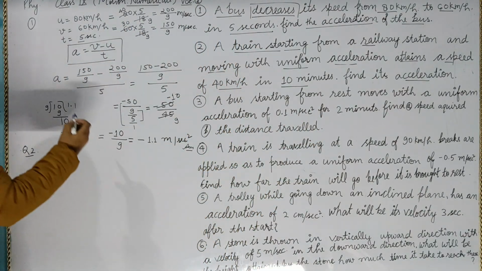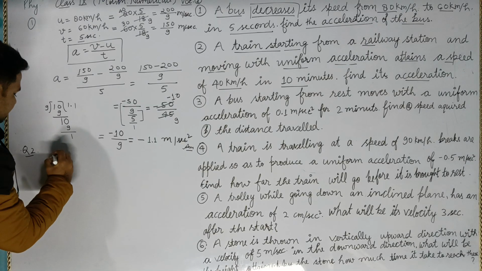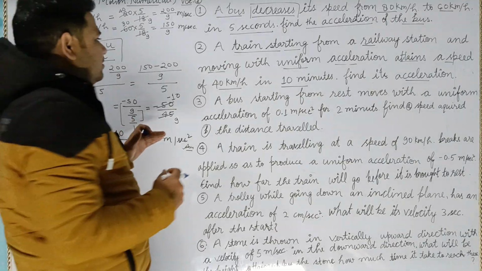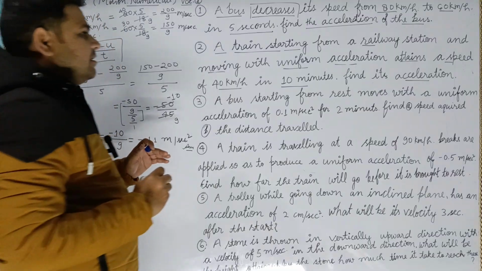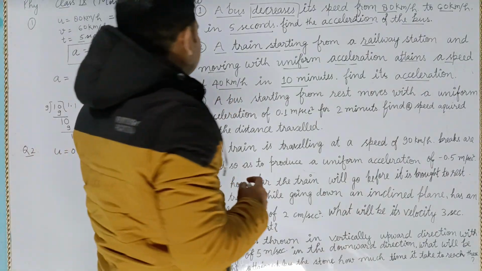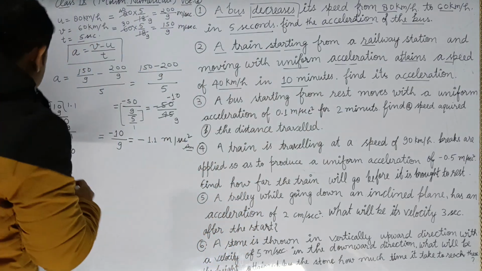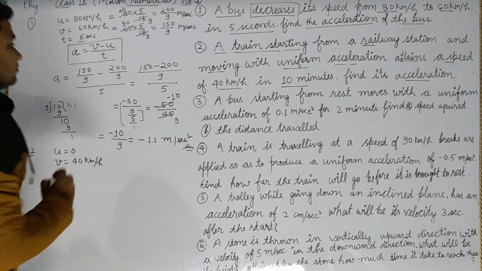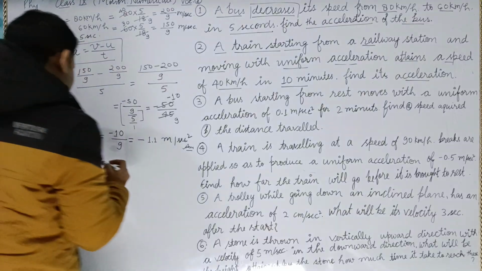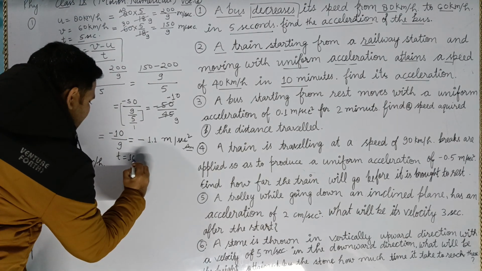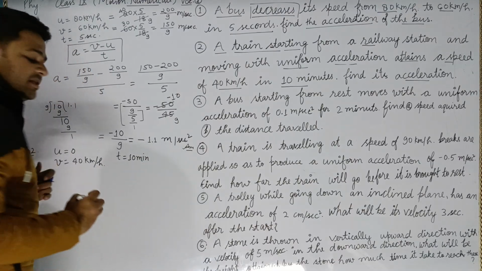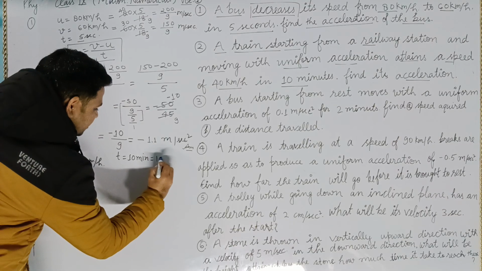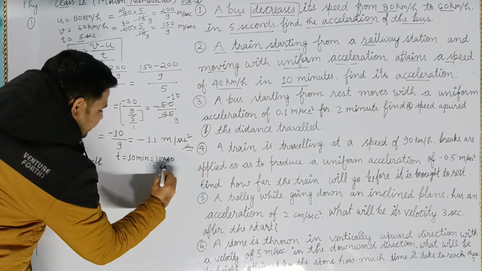Firstly it is in its rest position, so we take u equal to 0, because the train is stopped. Then it runs, v equal to 40 kilometer per hour, and its time is given as 10 minutes. t equal to 10 minutes. We know that 1 minute equals 60 seconds, so 10 into 60 is equal to 600 seconds.